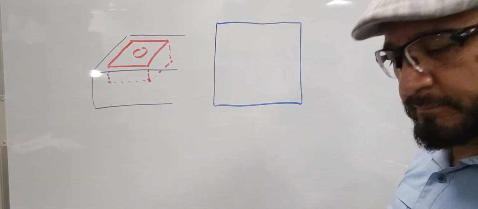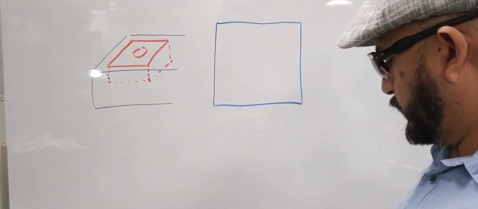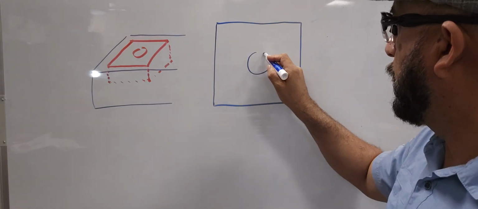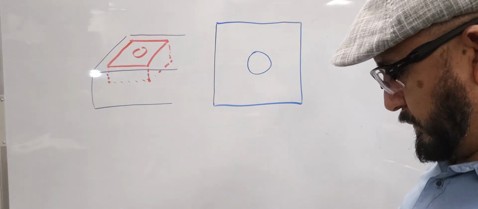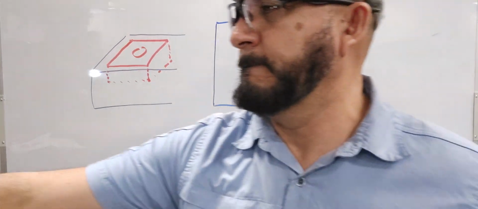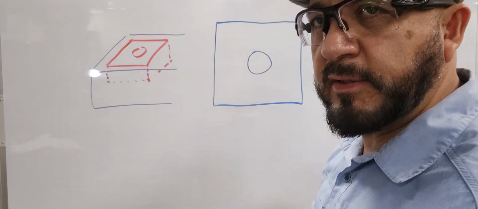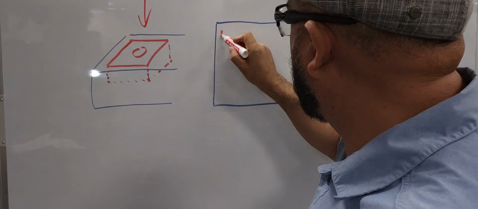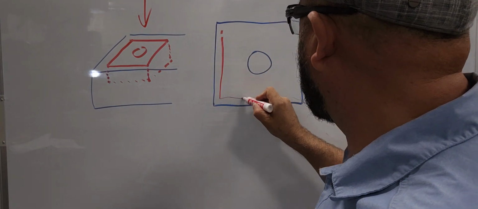And in this square, we already have a hole in the middle somewhere. But we need to create the pocket, and the pocket is going to be in there. We're looking from the top to it, right here. Looking into the top, we're going to create a pocket right here.